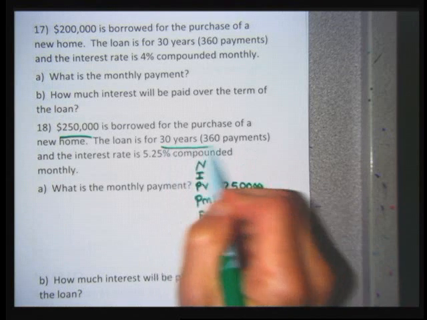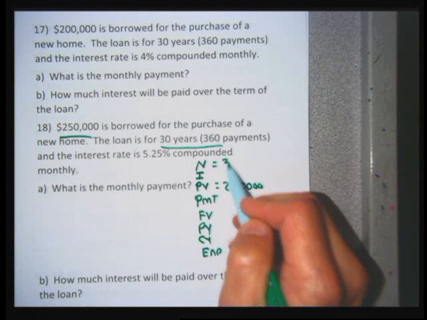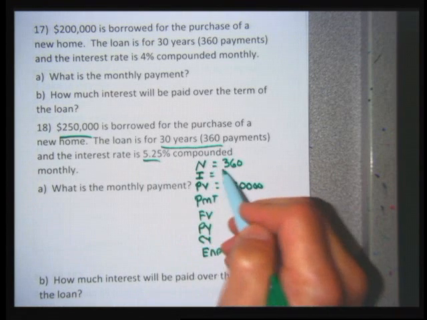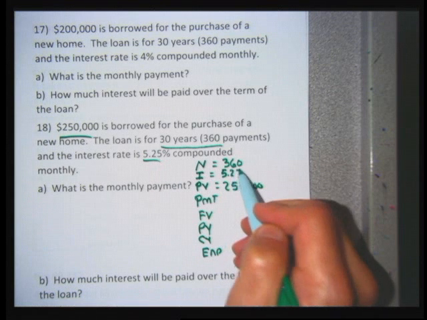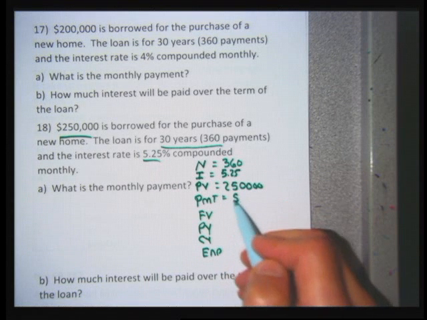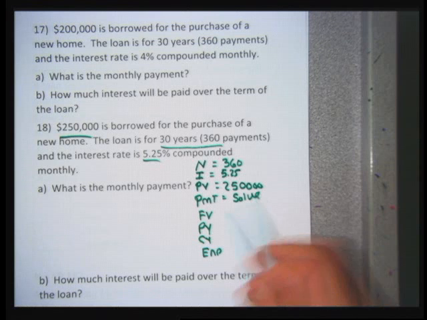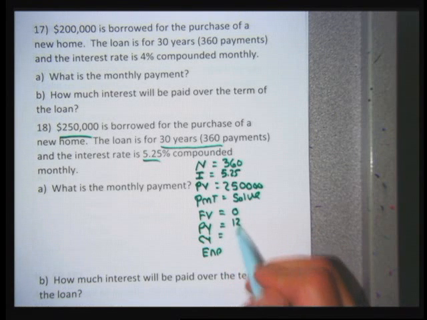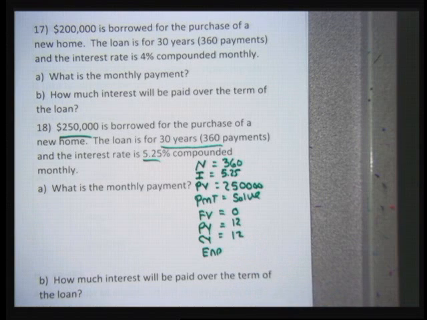Next numbers I see help me get the N of 360. Then I see a 5.25 for the interest rate. I'm going to solve for the payment. Future value is going to be 0. The PY and the CY are going to be 12, and I always leave my calculator on end.